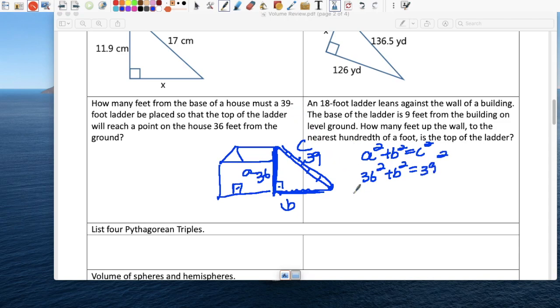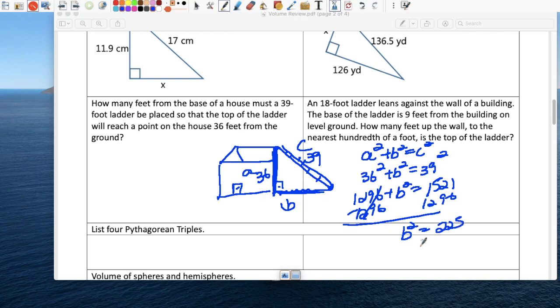We're going to get 1,296 plus b squared equals 39 to the second power, which is 1,521. We're going to subtract 1,296 from both sides. That goes away. B is finally isolated, and we get 225. It's going to be a pretty number.